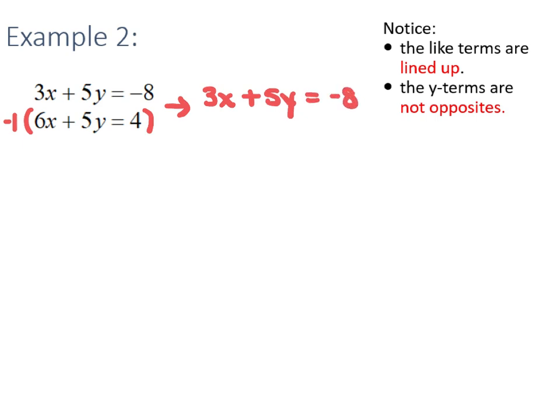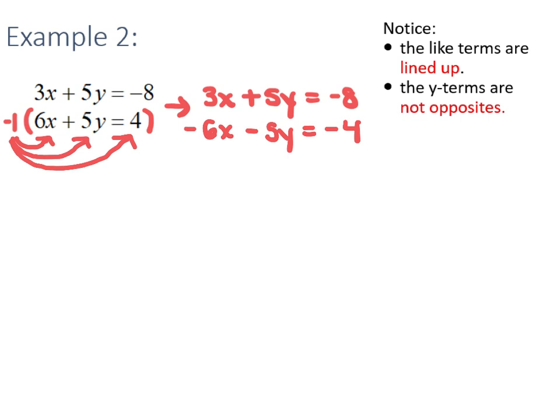And in the second equation, I'm going to multiply everything in this equation by that -1. So it'll become -6x minus 5y equals -4. Now, if I were to add the two equations together, you'll get -3x plus 0y equals -12.